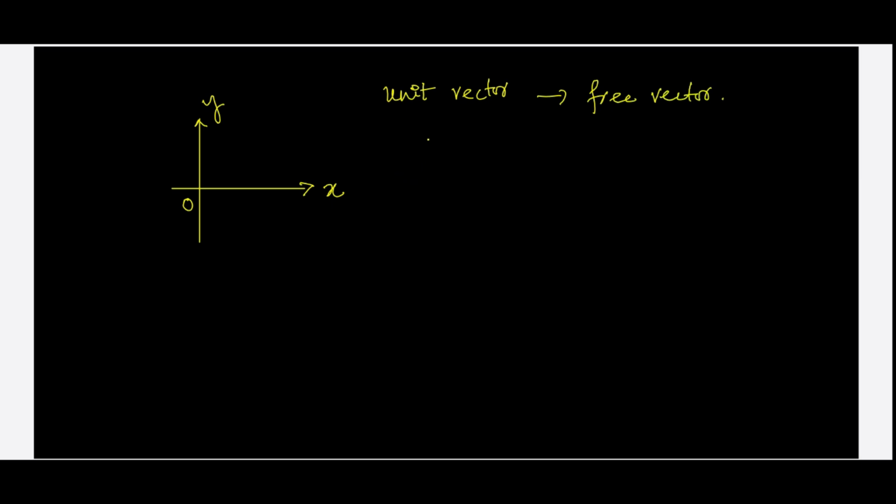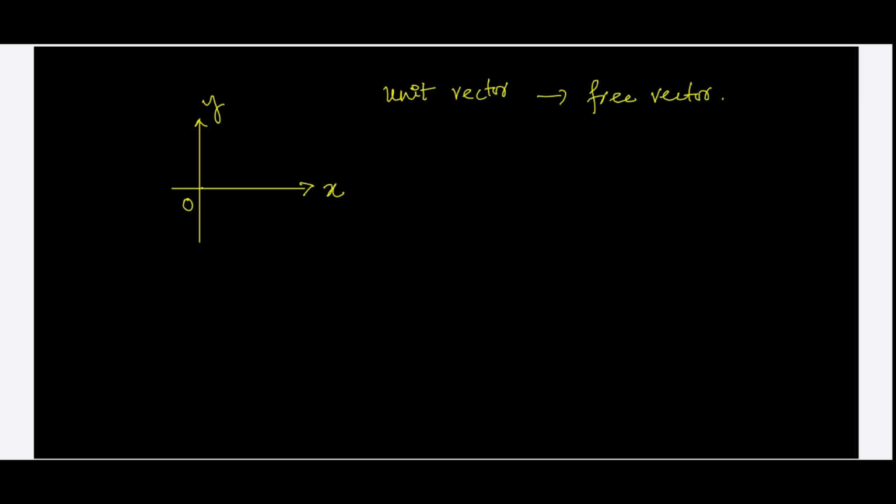So if you have noticed, we have put the i and j. This is your x-axis, this is your origin, this is your y-axis. So unit vectors are free vectors, meaning, so now there is a difference between a free vector and a non-free vector.